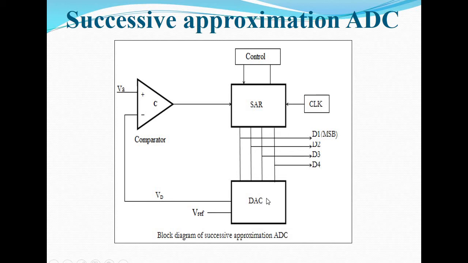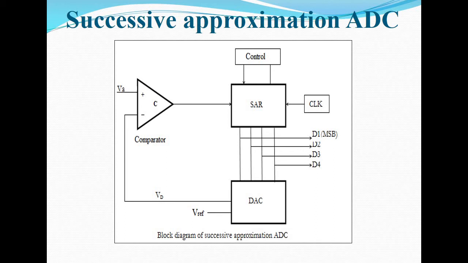Then there is a digital to analog converter connected to the successive approximation registers, and the output of the DAC is connected to the negative terminal of the comparator.